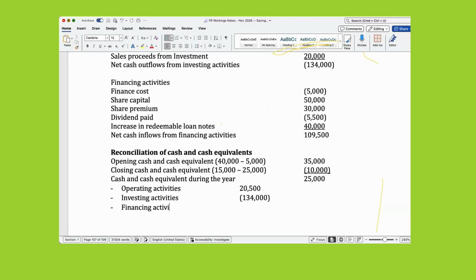My financing activities, which is 109,500. What do you have? 4,000. Is that inflow or outflow? Outflow of 4,000.